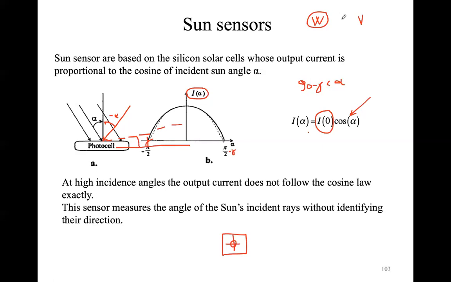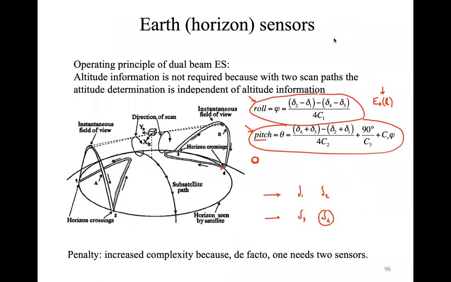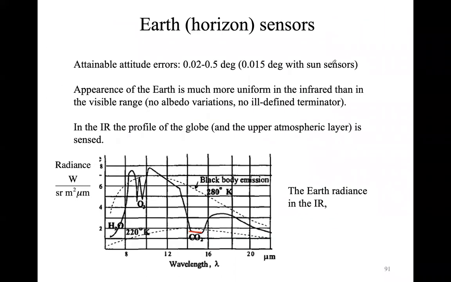Okay, grazie. A question regarding the earth sensor is the H equivalent. So since we have a couple of minutes before the next part of the lecture, let me explain a little bit better what it is. It is an information related to this plot here.